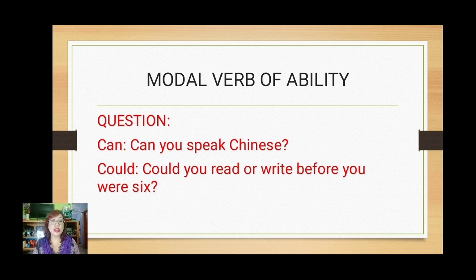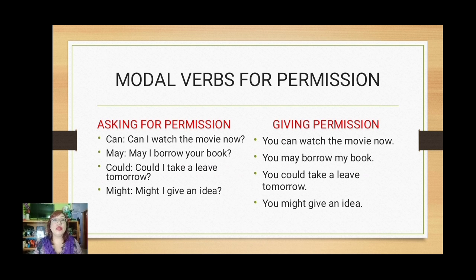Alright students, now let us see some examples of modal verbs for permission. Permission means to ask or seek something, right? So on one side you can see modal verbs for asking permission, and on the other side, giving permission. We have already seen can and could.